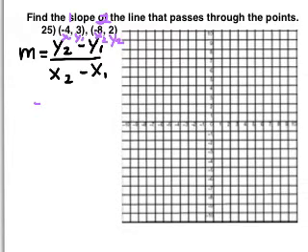Okay, so let's do this. Y2 minus y1, so 2 minus 3.